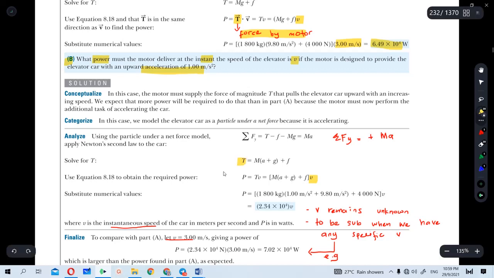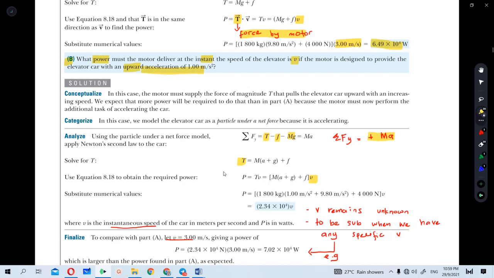In order to find the tension, modify Newton's law from just now. Earlier it was equivalent to 0, this time it is equivalent to positive ma because the object is moving upward and accelerating. Again, similar to the previous case, tension is upward, while friction and weight are both downward, therefore negative. Arranging it, you will find this expression.